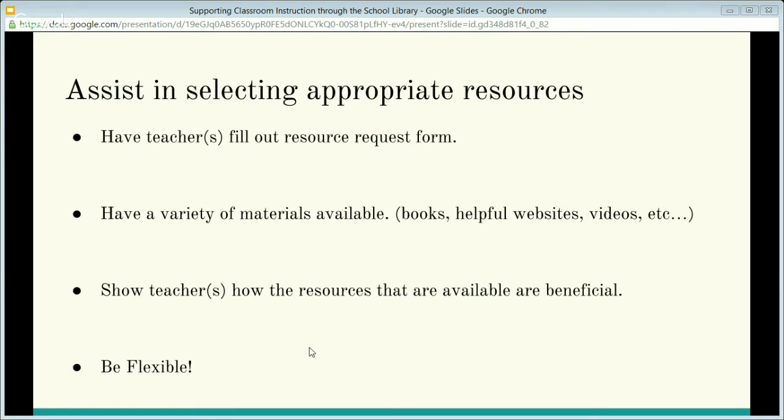So what that looks like, I actually put a few here. First, and nothing goes in particular order, this is just how I put it up here on my slide, have teachers fill out resource request forms.